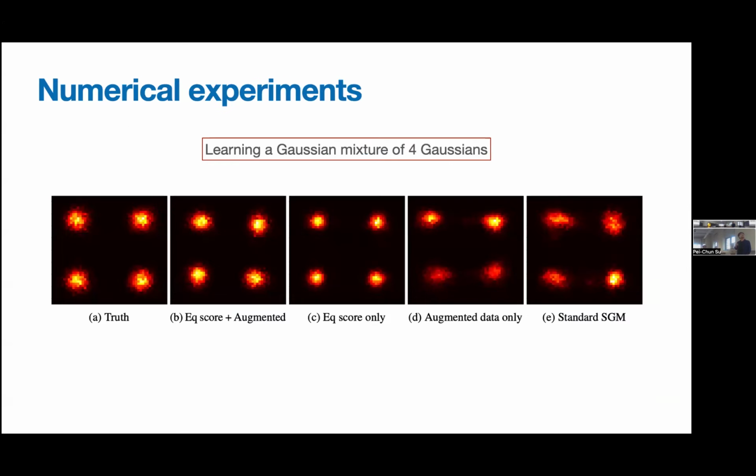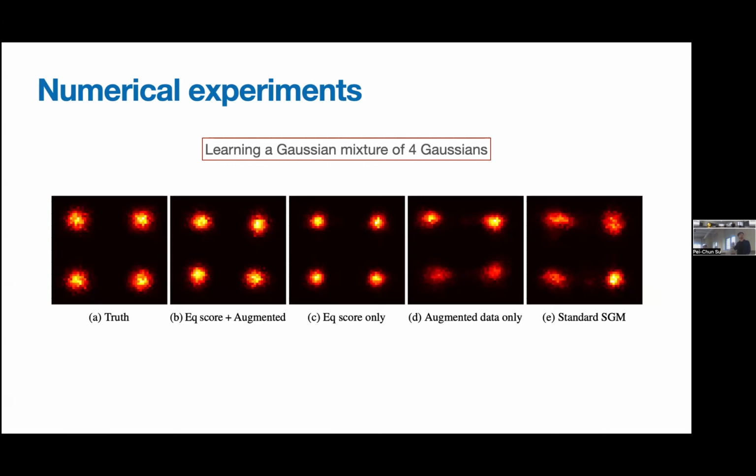Okay, so here are some simple numerical simulations. Again, we learn a mixture of 4 Gaussians. Here is the ground truth. The second figure is when you use equivariant score matching with data augmentation. The middle one is you use equivariance without data augmentation, so no manual data augmentation is in the middle.